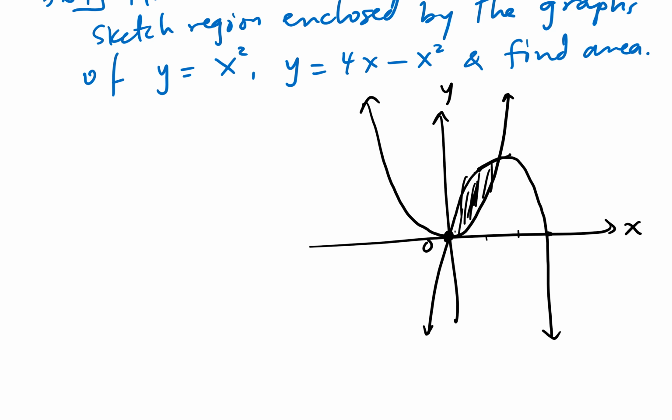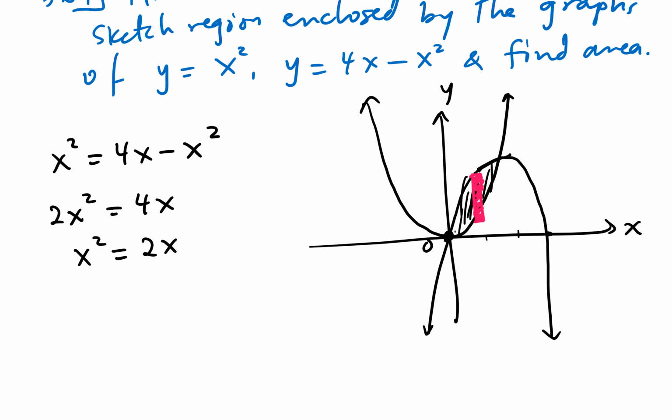Now we draw a rectangle. That tells me it's dx. I also need to know where the two graphs intersect, so we set them equal to each other. Add x squared to both sides, divide by 2, and factor.